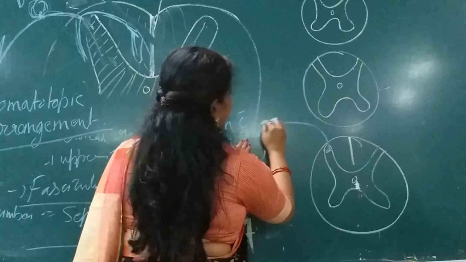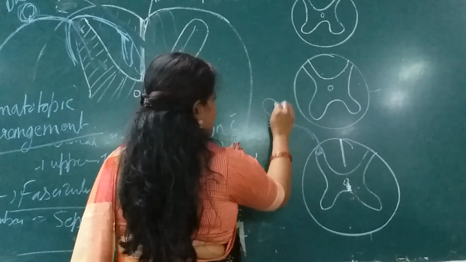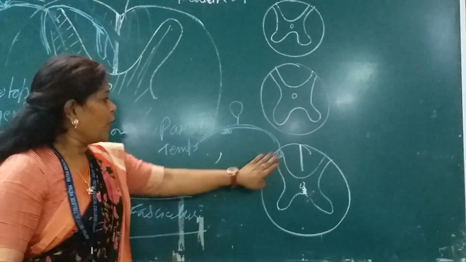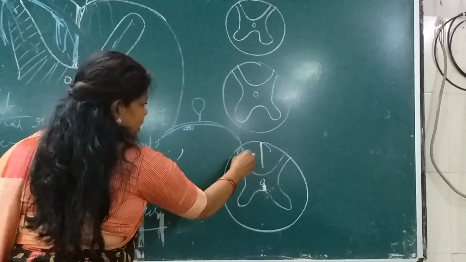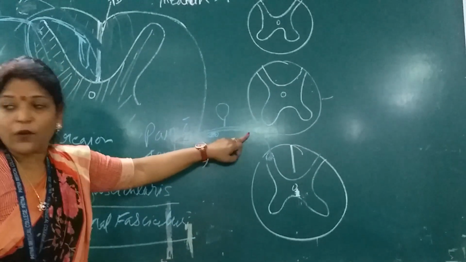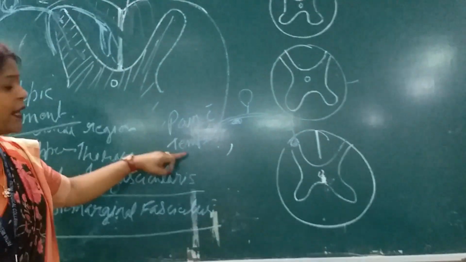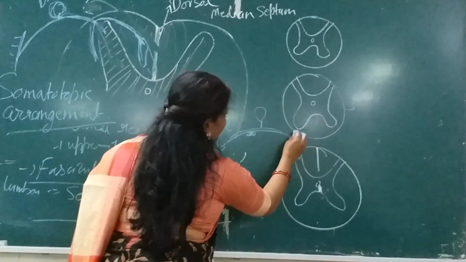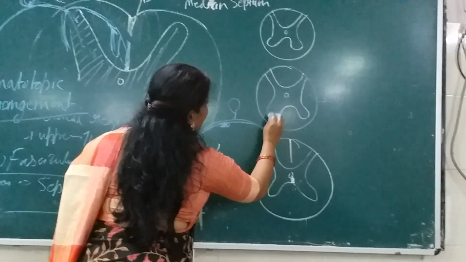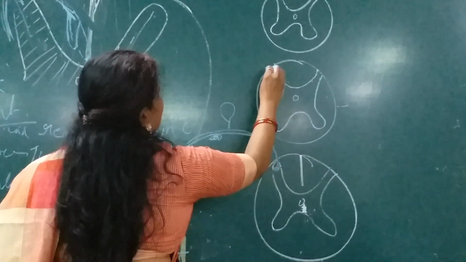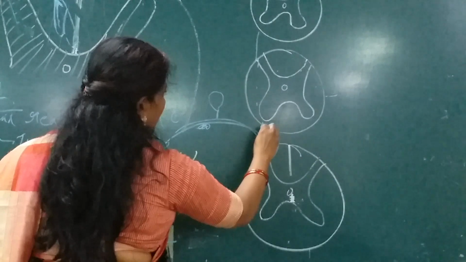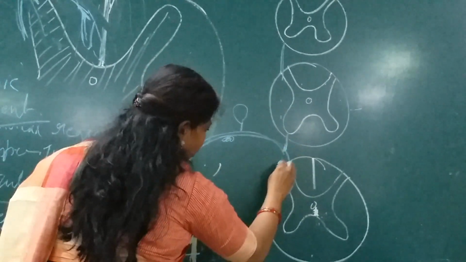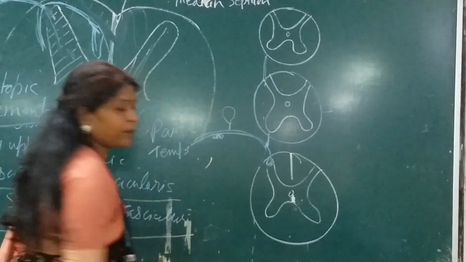Any pain and temperature sensation going inside to relay in the dorsal horn neurons, before synapsing here, the central process of these fibers carrying pain and temperature will divide. It will ascend upwards for 1 or 2 segments above, and it will also descend for 1 or 2 segments below.